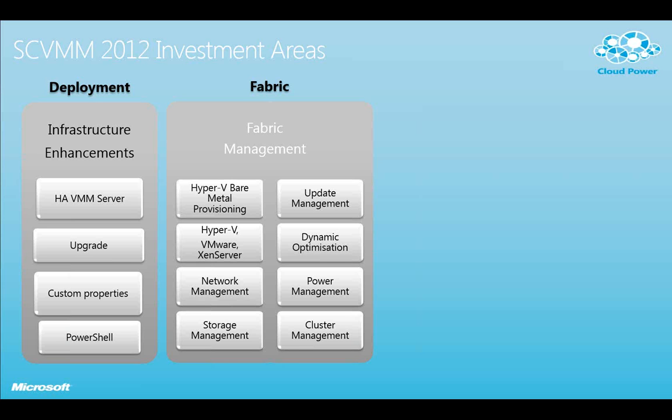So dynamic optimization is built into the product, and I've got some screenshots a little later to show you what that looks like. But one of the big things, I mentioned custom properties earlier, the old process had no affinity built into it. So Ops Manager decided that that host was overutilized and you needed to move a virtual machine in order to lighten the load. There was no logic built into that process.